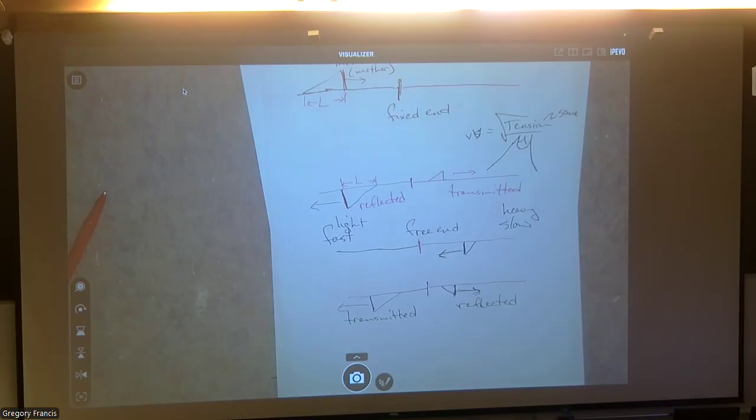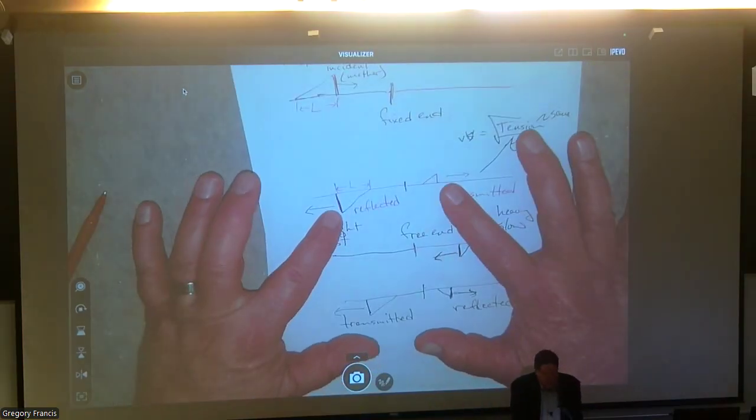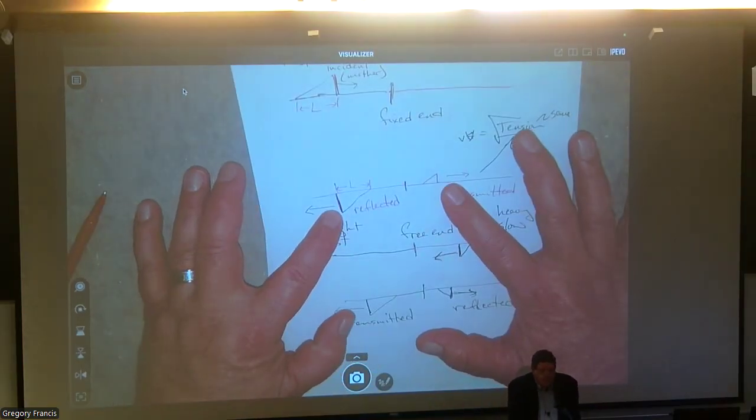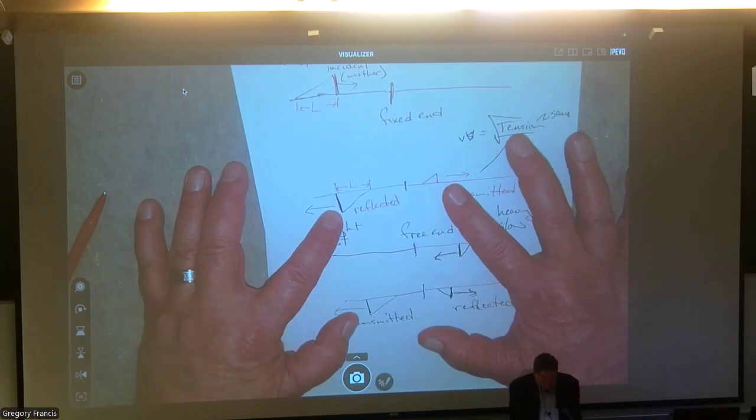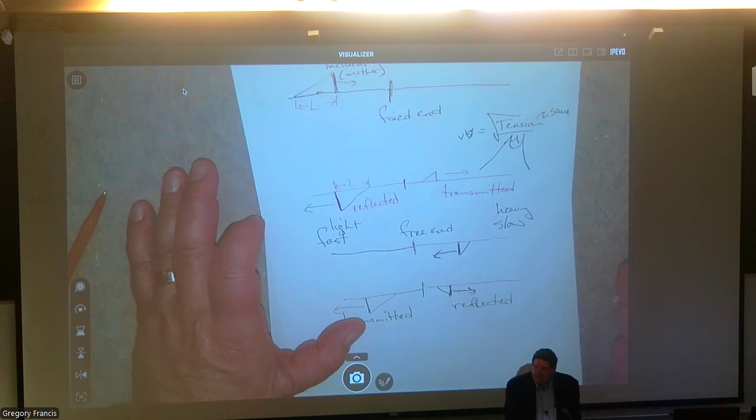Okay. Now, if I were to give you these twins and ask you two questions. Which side did the mother pulse come in on? It's a multiple choice question.